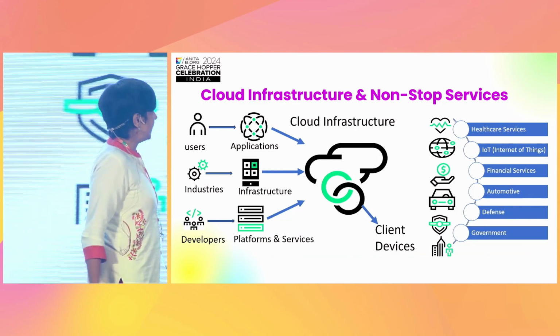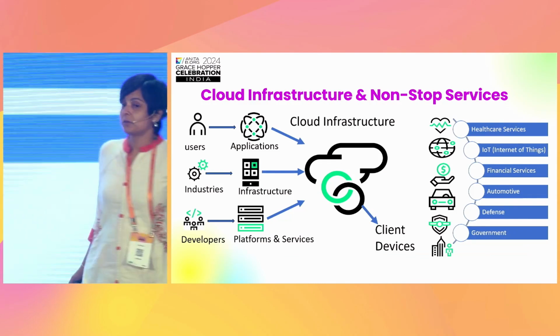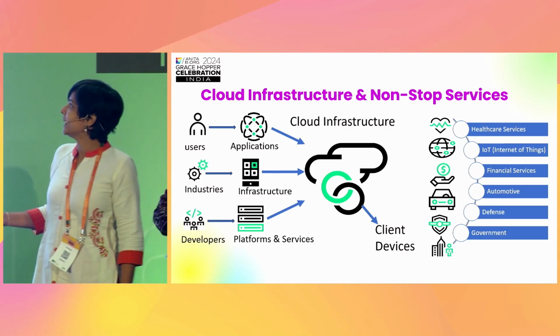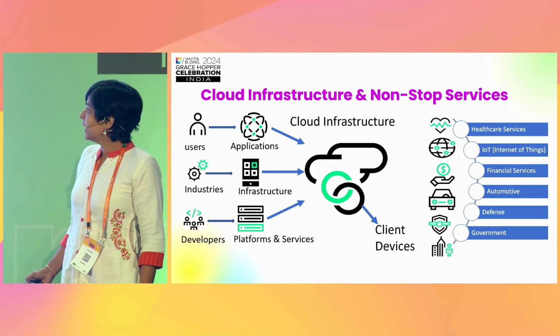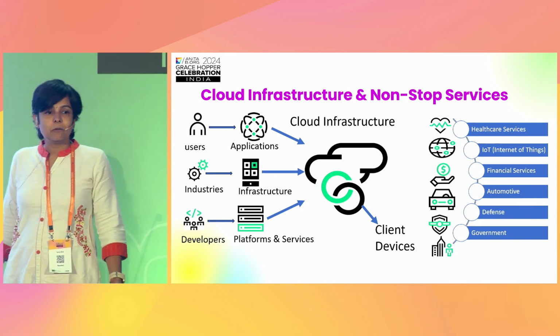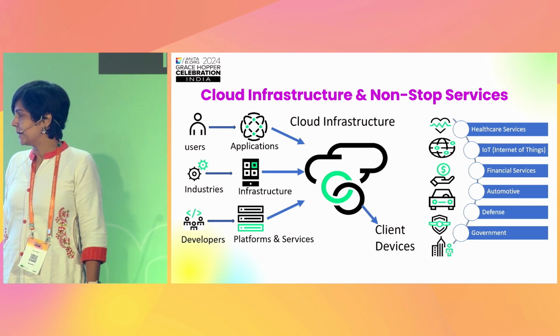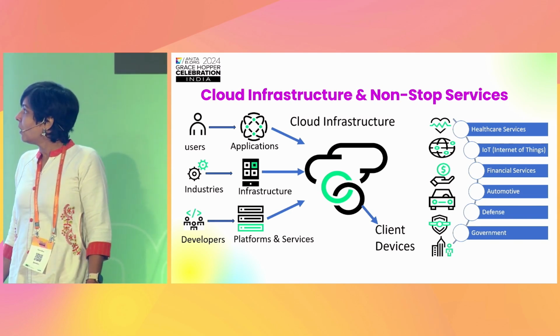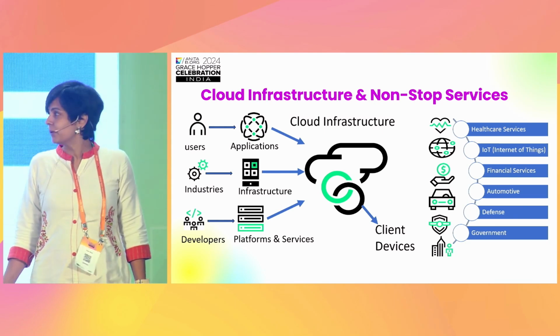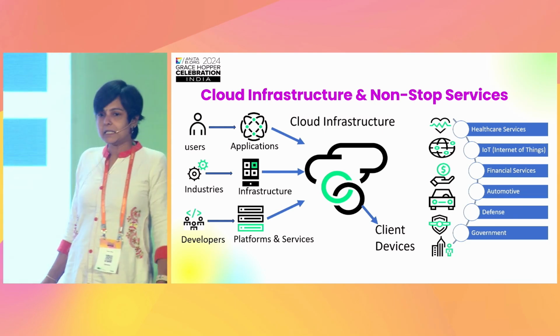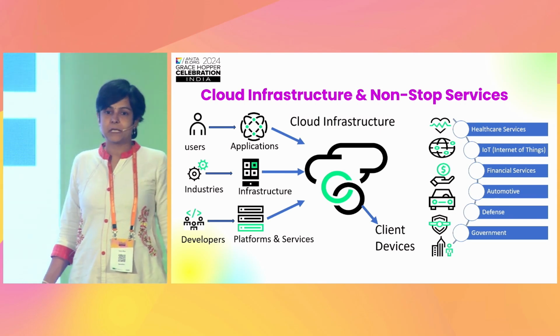As we are all aware, cloud is very complex and dynamic. There are users, there are applications, and developers using multiple platforms and services. All this complex infrastructure will cater to the needs of many industries. These industries will require non-stop services.